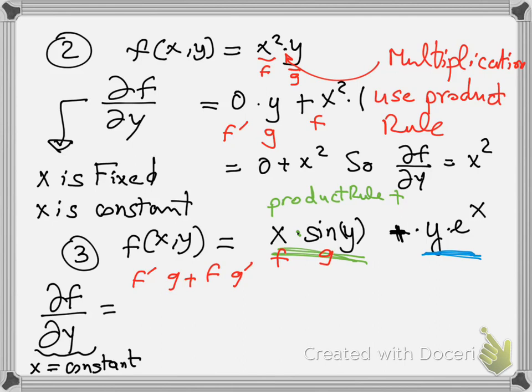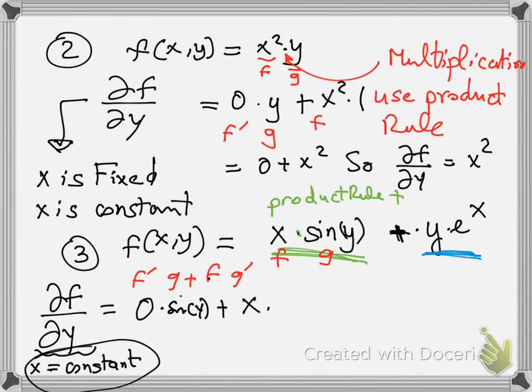You need to be careful: x is a constant, and the derivative of a constant is 0. So that's 0 times sine of y. Plus f, that's x, times the derivative of g. g is sine of y.